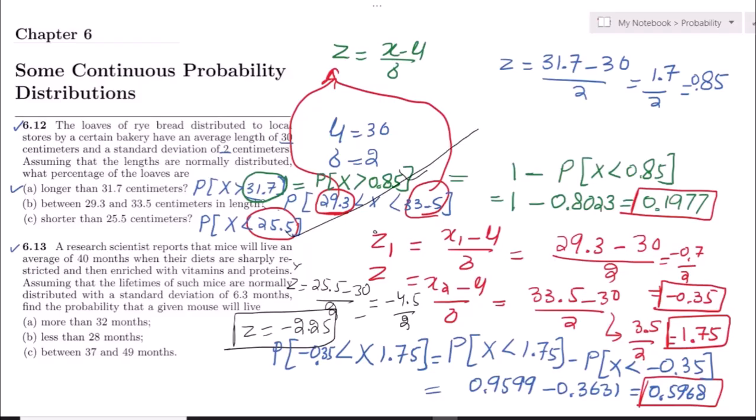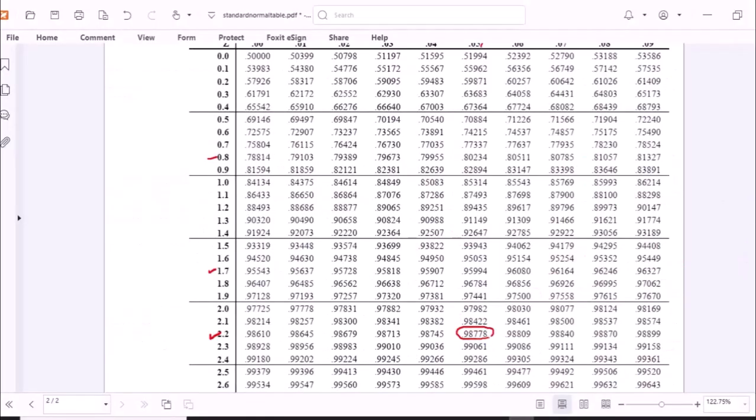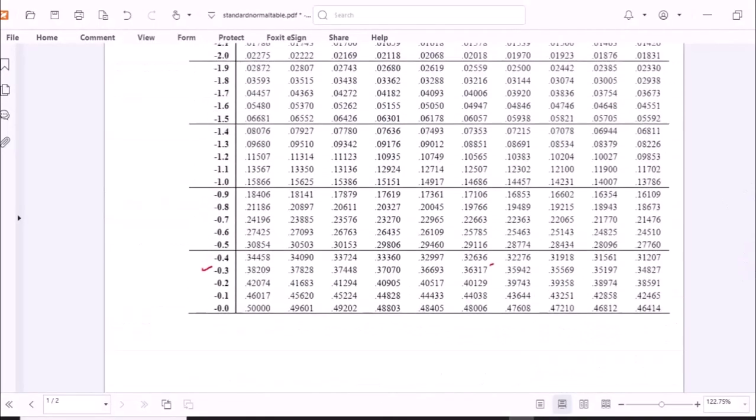So therefore, this one has been transformed from 25.5 to the probability that x is less than minus 2.25. Okay, so now let us move to the table and find the value for Z, which is minus 2.25.